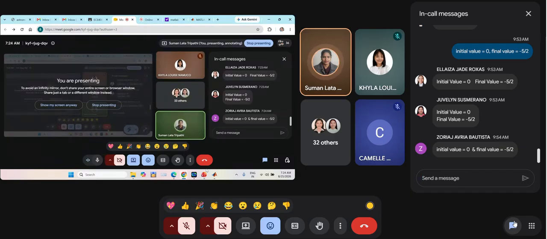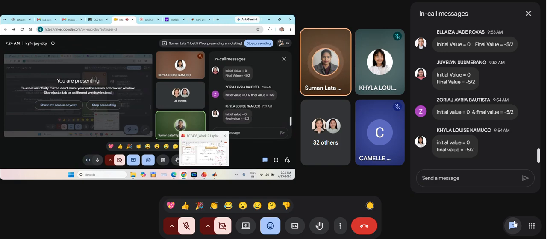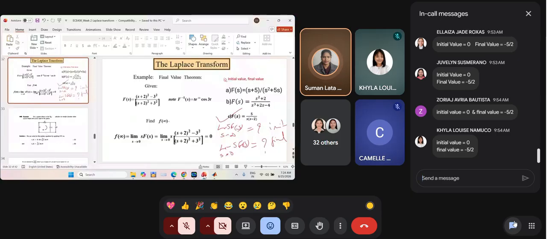Okay, so I noted down your names, and the first answer, initial value, is absolutely correct, and the second answer is minus 5 by 2. I hope this is correct. So let us check it.